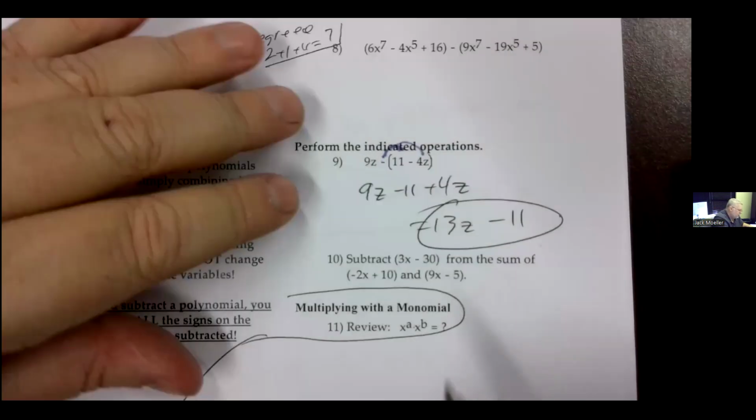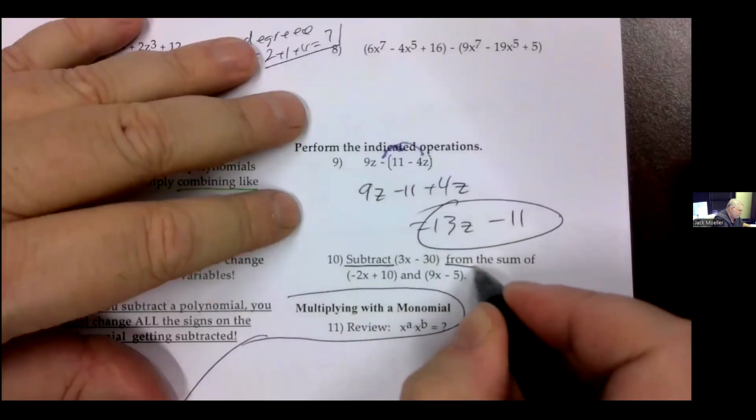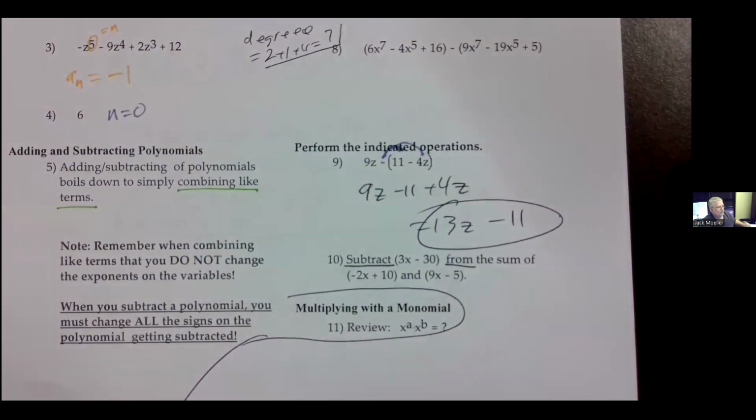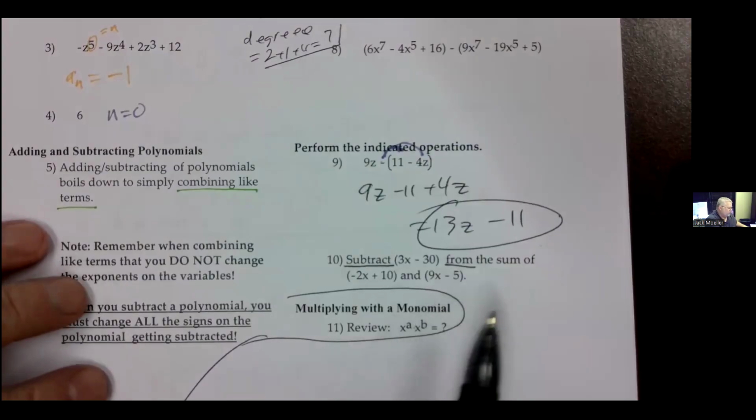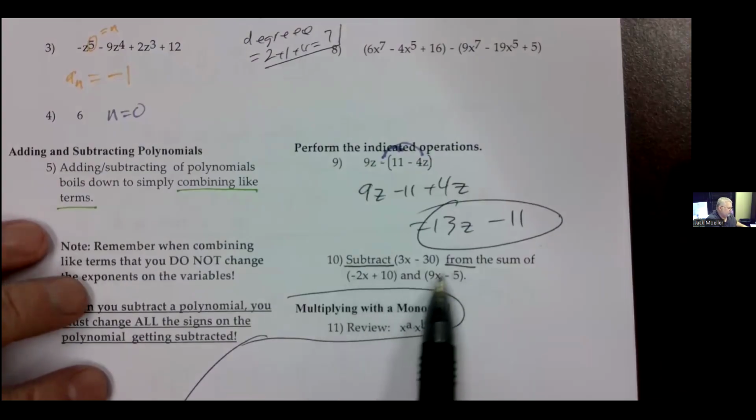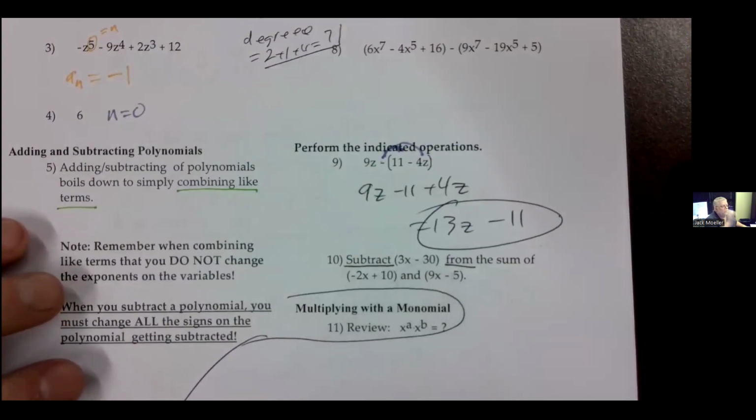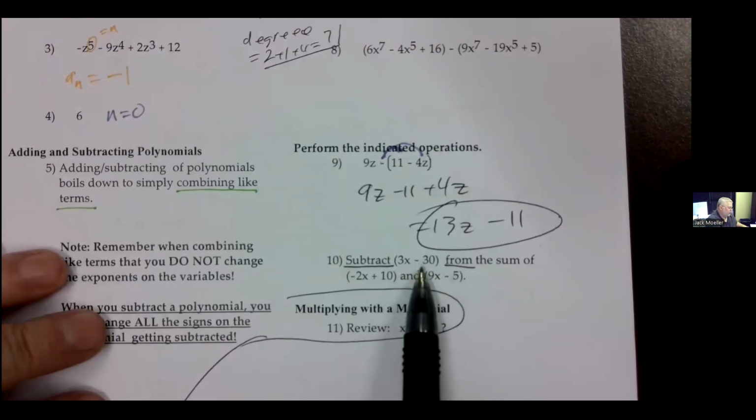Well, the key here is that subtract from kind of reverses the order. And so we're going to start with the sum of these two and then subtract that 3x minus 30. If it said find the difference of 3x minus 30 and the sum of that, then we'd be doing 3x minus 30 first and then minusing these.